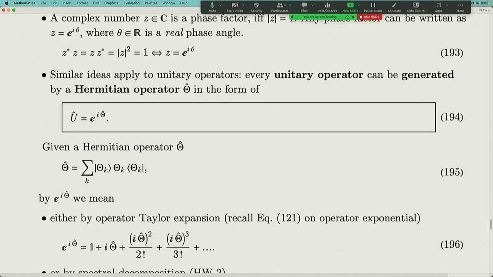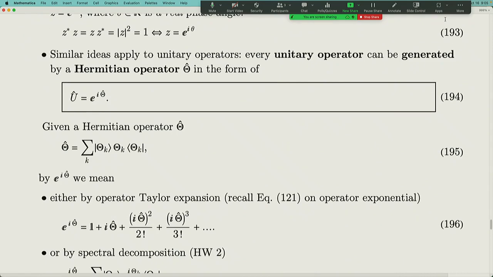A Hermitian matrix is like a real number, and a unitary matrix is like a complex number with unit norm, and that's why it is called unitary. Although this formula looks very abstract, I think it's always good to think that all these matrices, no matter U hat or theta hat, are represented in their eigenbasis.